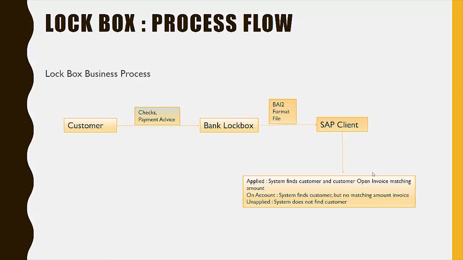Once the file posts, the bank account gets debited with the amount of money customers have sent, and the customers' open invoices in the SAP get cleared. So the whole process is automated through this Lockbox process. This is the high-level overview of the Lockbox process.